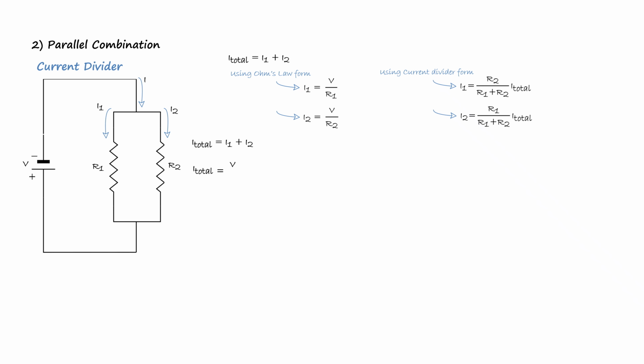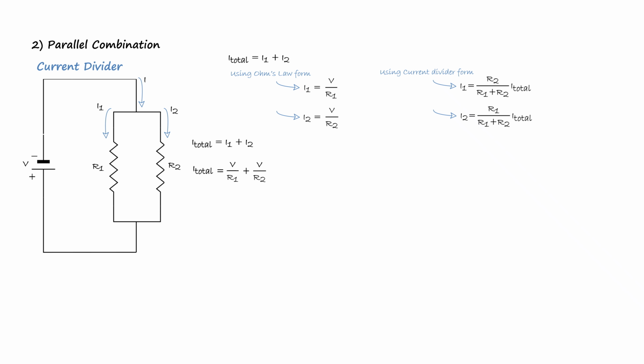V over what? Over R1, right? And plus V over R2. And we have what?